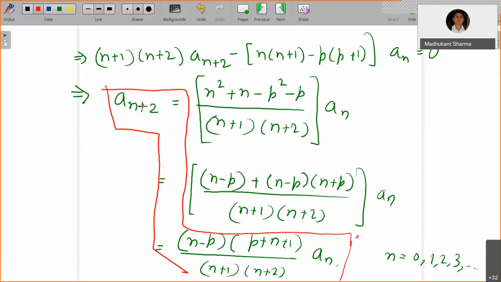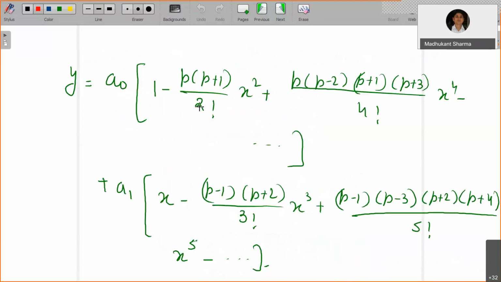Then you will have the solution as a linear combination of a0 times one series plus a1 times another series. I'm giving you directly that this will be the form: a0 with the even powers, x square, x power 4, x power 6 and so on, and with a1 you will have odd powers, x cube, x power 5 and so on.